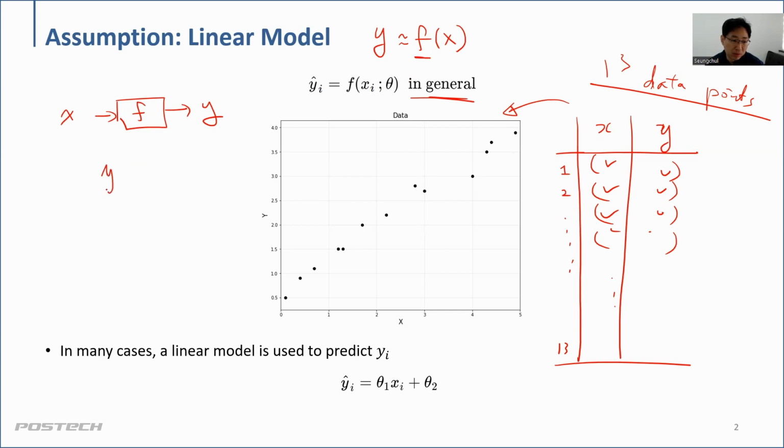You know that y is ax plus b. In many cases, a linear model is used to predict y. I would say y is the measured value and y hat is the predicted value. So let me change the notation: y hat of the ith value is theta naught plus theta 1 times x_i.